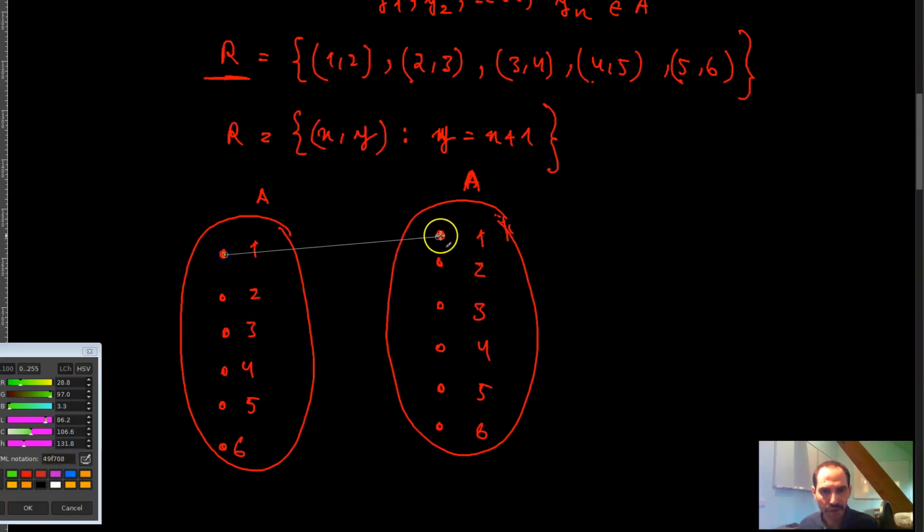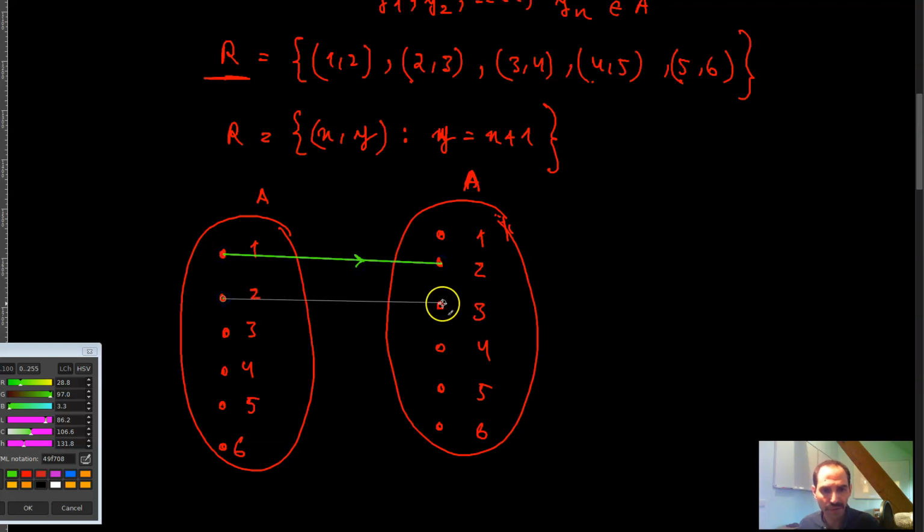So I have 1 to 2. I have 2 to 3. I have 3 to 4. I'm sorry, okay. So I had 1 to 2, which is this arrow over here.